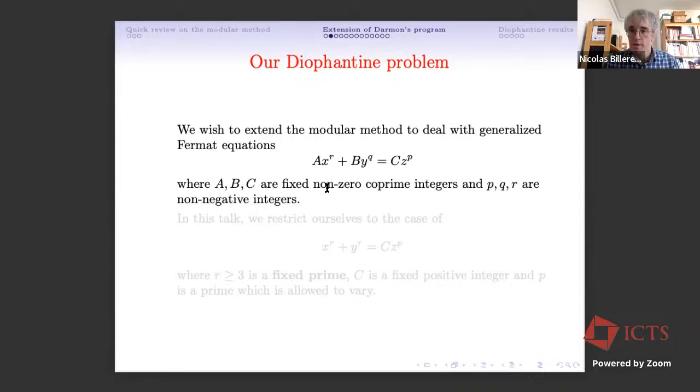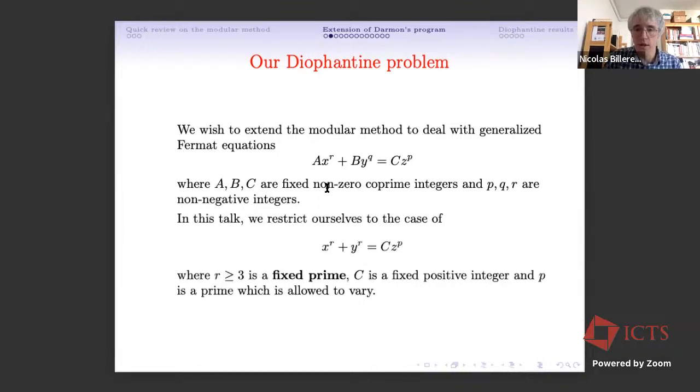I will be talking in more detail in a few minutes about attacking these kinds of equations using modular methods. But it's quite an ambitious program, and for this talk I will restrict myself to a more specific case, which is already hard enough, namely the case where the coefficients A and B are 1 and the exponents r and q are the same.